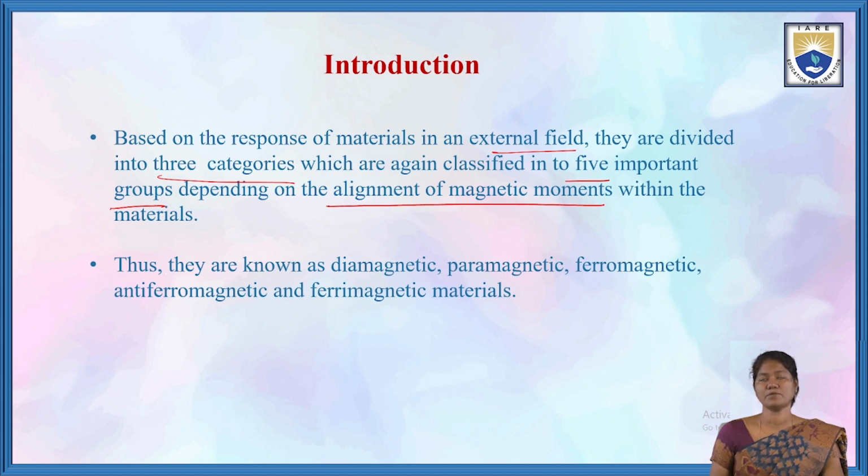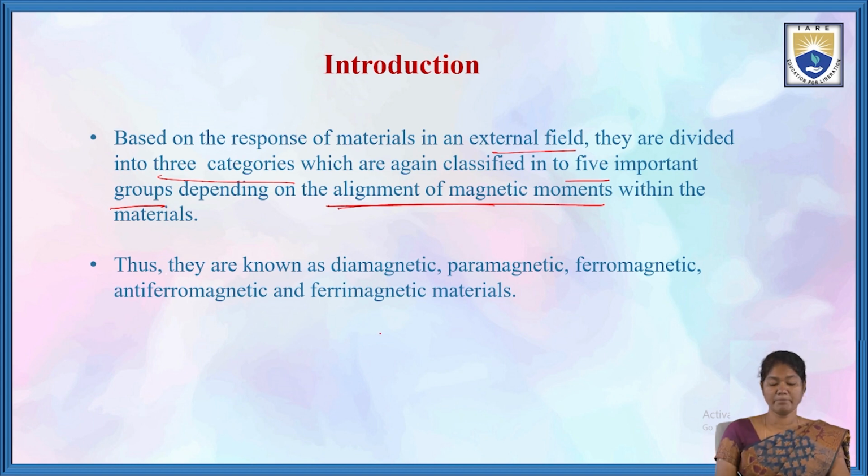They are diamagnetic, paramagnetic, ferromagnetic, antiferromagnetic, and ferrimagnetic materials.